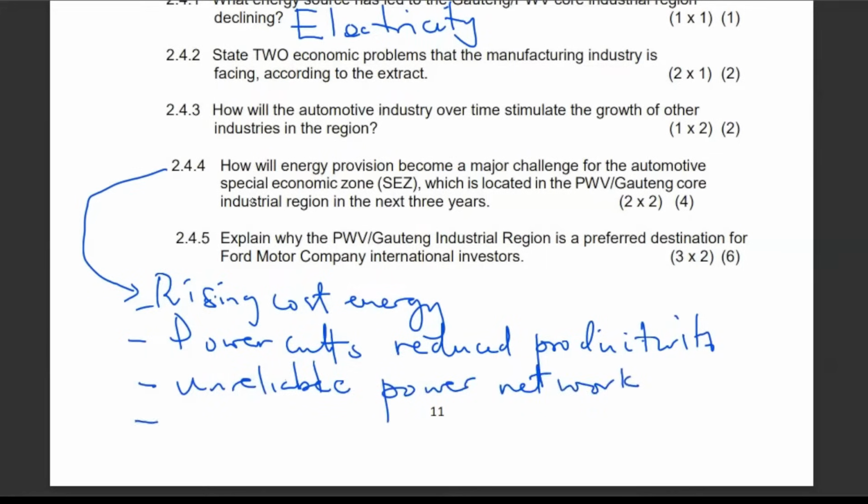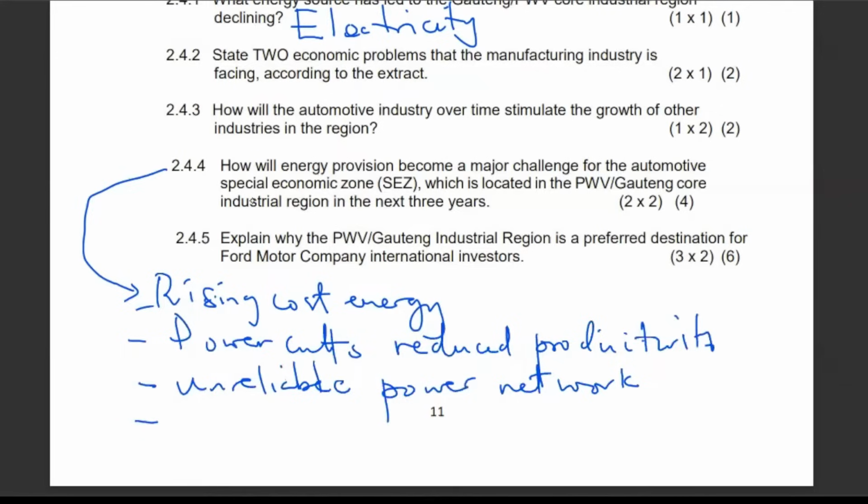We have a consistent problem of unreliability of power, such that it makes it difficult for planning to take place and ultimately to work as per plan in terms of our production targets. It becomes very difficult. So because of some of those problems, we'll end up having a challenge for the automotive industry in the next 3 years.